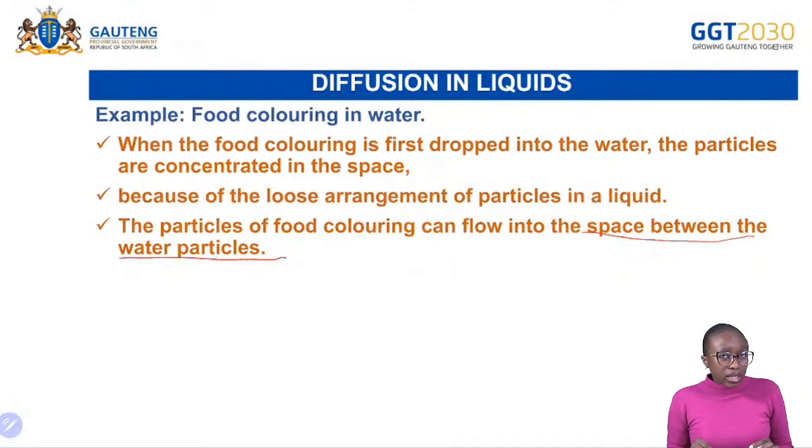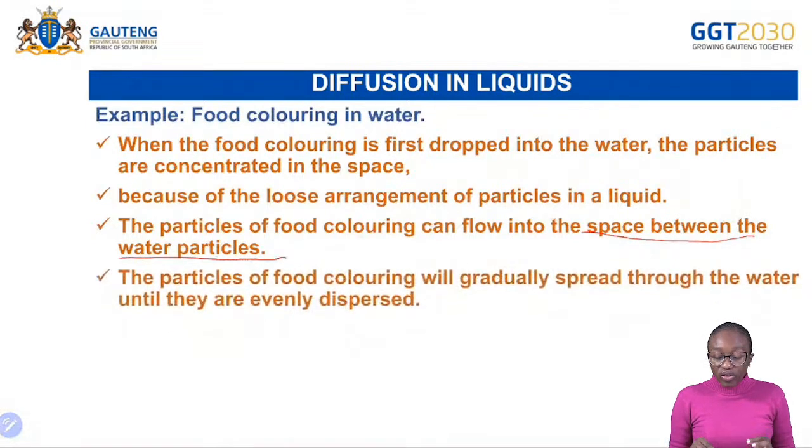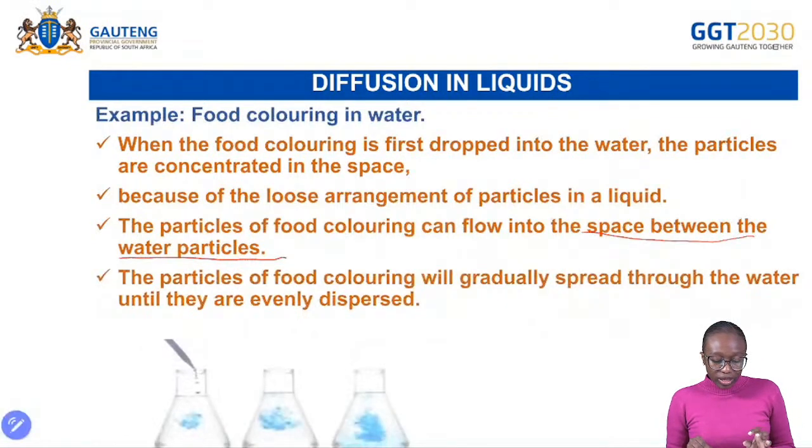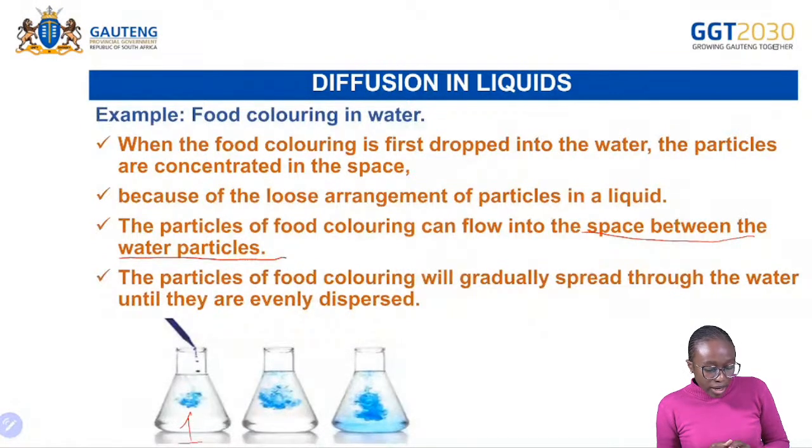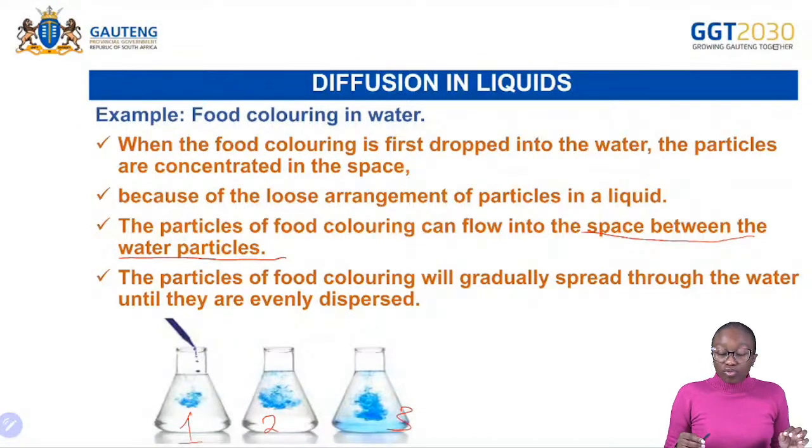So the food coloring particles can easily move and maneuver within those spaces. They will move gradually through the spaces of the water particles until they are evenly dispersed. So this is point 1 when you drop the food coloring, point 2 as they continue to disperse, and point 3, if you leave it for longer without shaking or swirling the water, you will have the food coloring fully dispersed in the water.